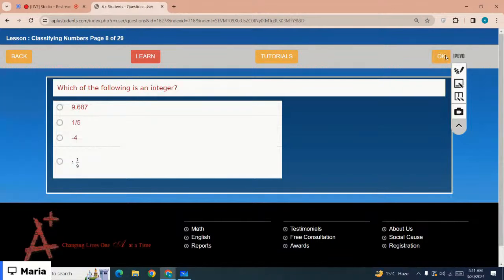Which of the following is an integer? The correct option is negative 4 is an integer, right? Very good.